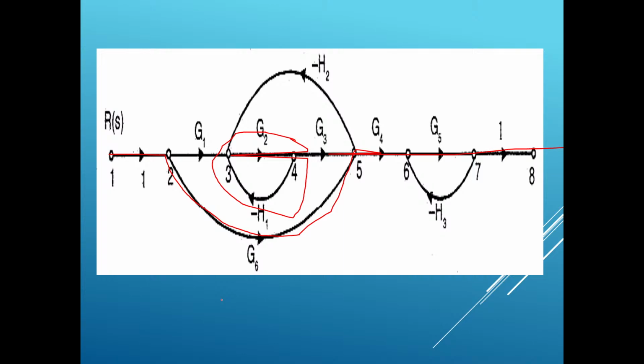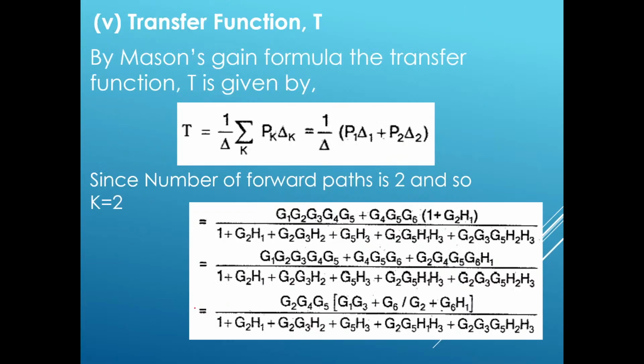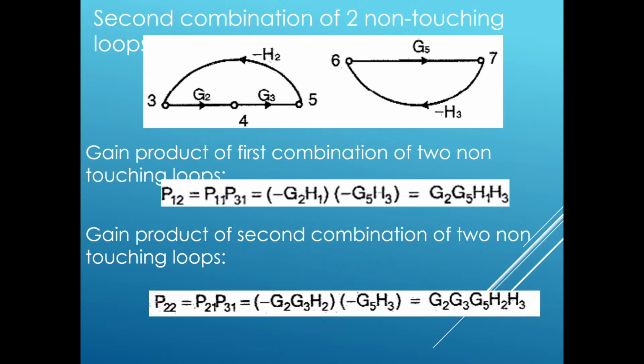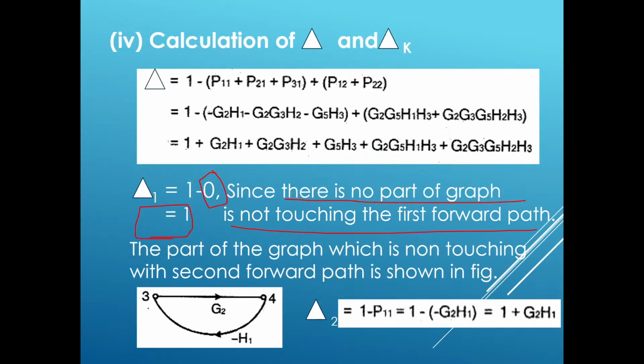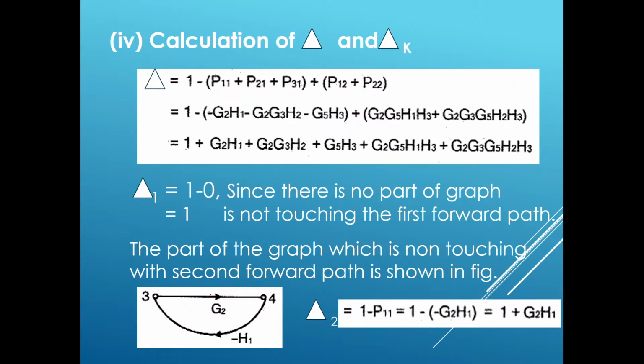The loop gain value is P11. What is the gain value? G2 into minus H1, that is minus G2H1. So loop 3, 4 is not touching forward path 2. Therefore, consider the part which is not touching forward path 2.